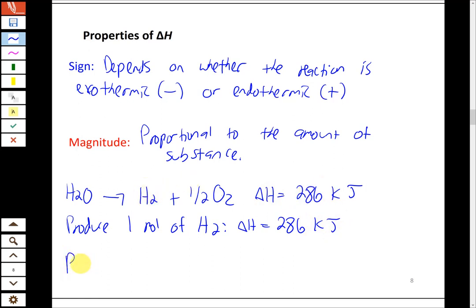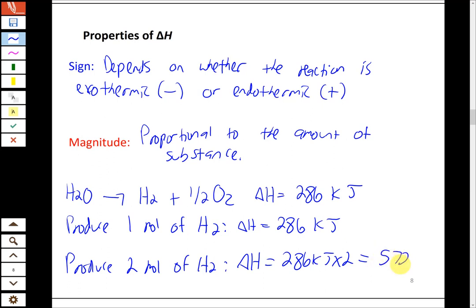But let's say instead we were going to produce 2 moles of hydrogen. Well, to produce 2 moles of hydrogen, delta H will be double that. We have to double the delta H because instead of producing 1, we're producing 2 moles. It requires twice as much heat, or 572 kilojoules. So that relates in a lot of ways to stoichiometry.